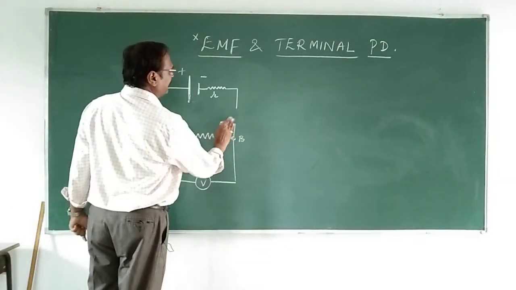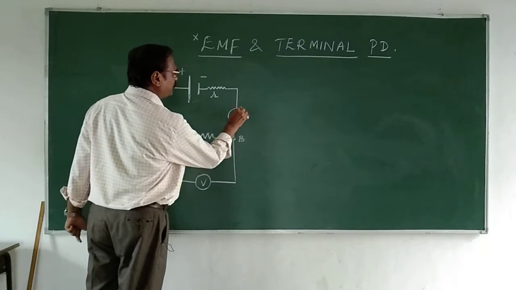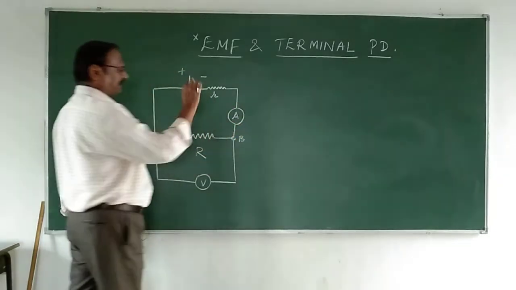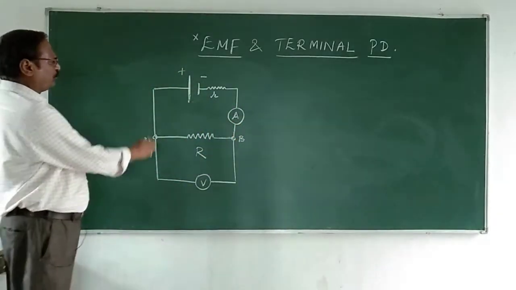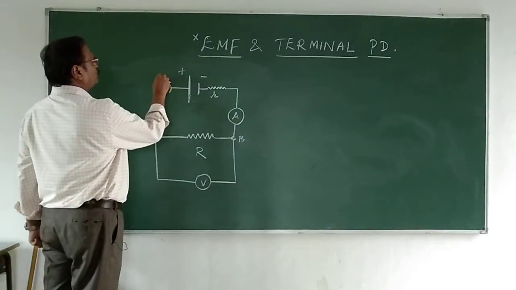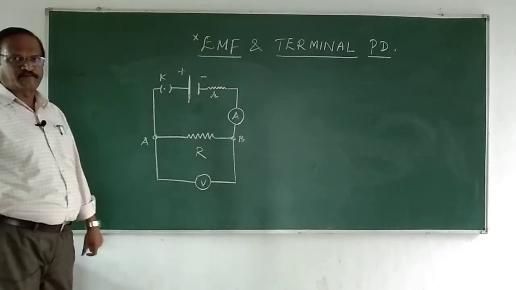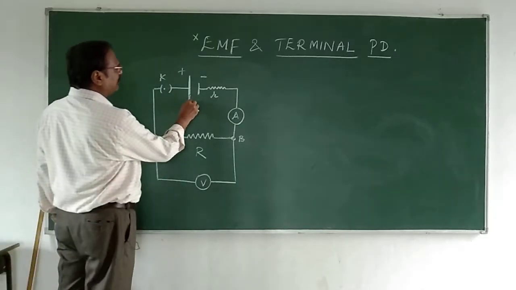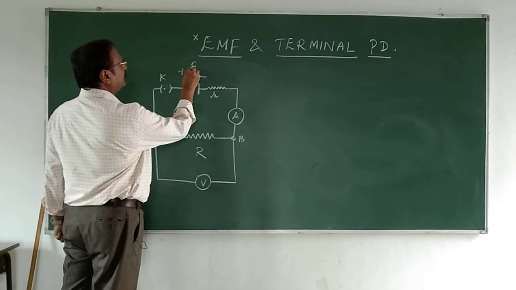I always connect an ammeter, which measures current, in series with the circuit. And anywhere you can introduce a small key or a switch. Now, what the cell is going to give is called EMF.